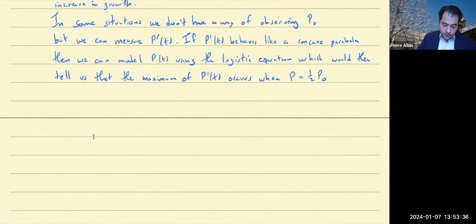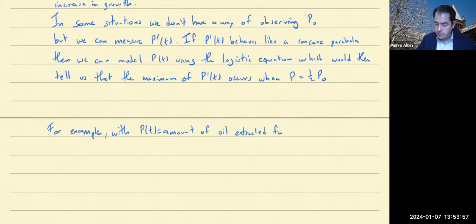So, for example, this is used with P of t equal to the amount of oil extracted from the earth. So P prime of t would be the amount of oil currently being pumped out.